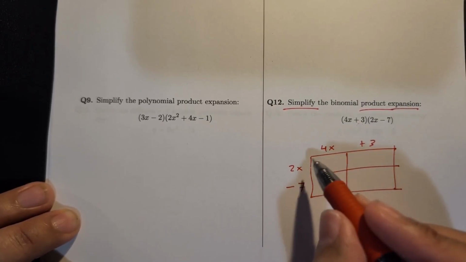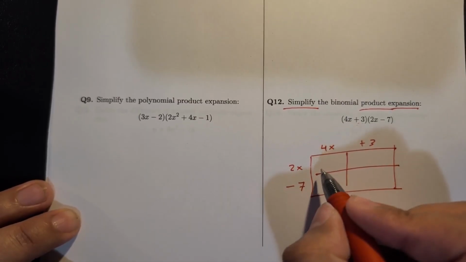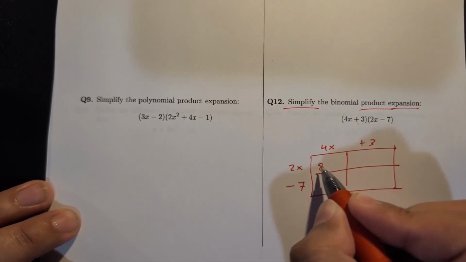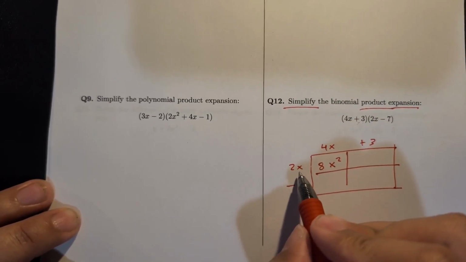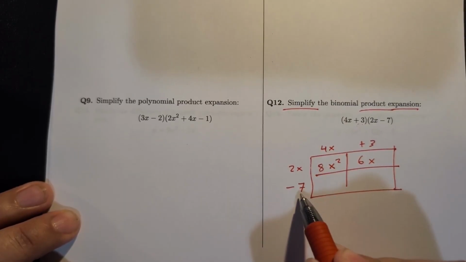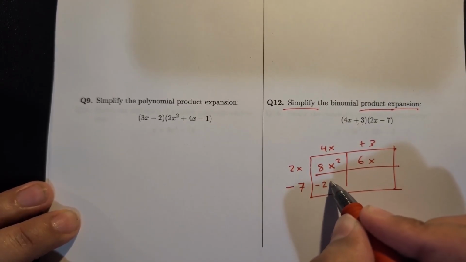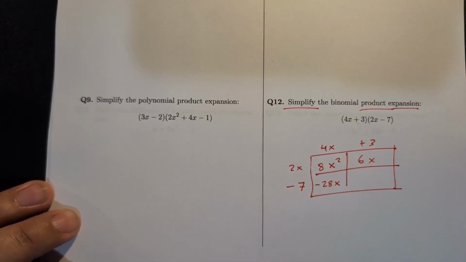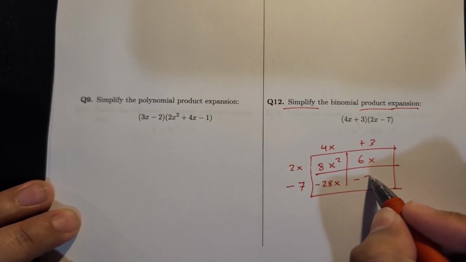So let's multiply these. 2 times 4 gives me 8. x times x, in total I have x squared. 2x times 3 gives me 6x. 4x times negative 7 gives me negative 28x. Negative 7 times 3 gives me negative 21.